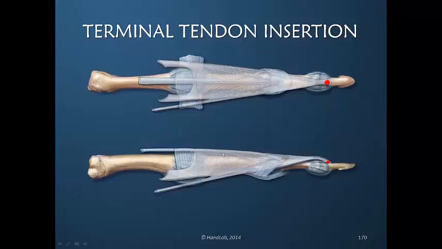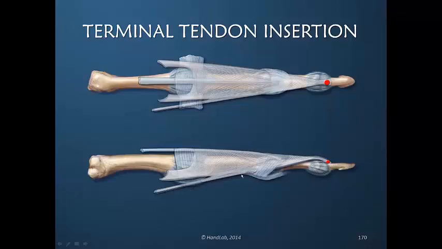Those multiple insertions actually tether down or tie down the dorsal apparatus so that any pull of a muscle proximally is not going directly to the terminal tendon insertion. It's somewhat restricted by these other insertions.